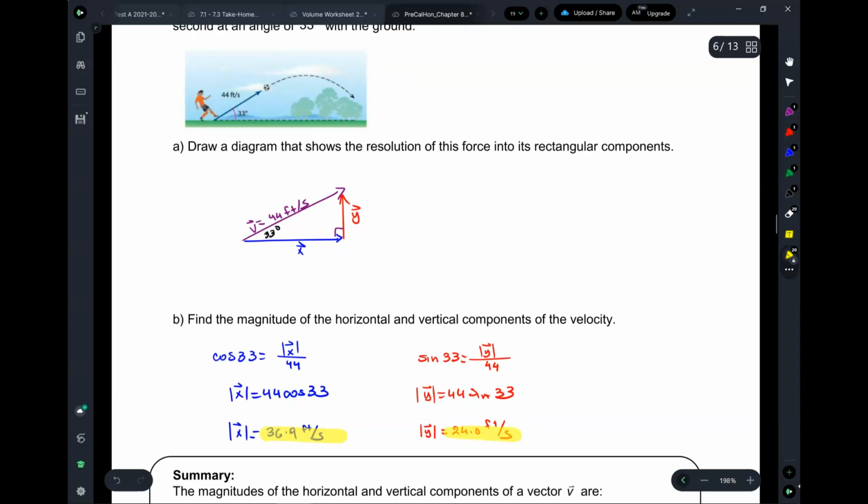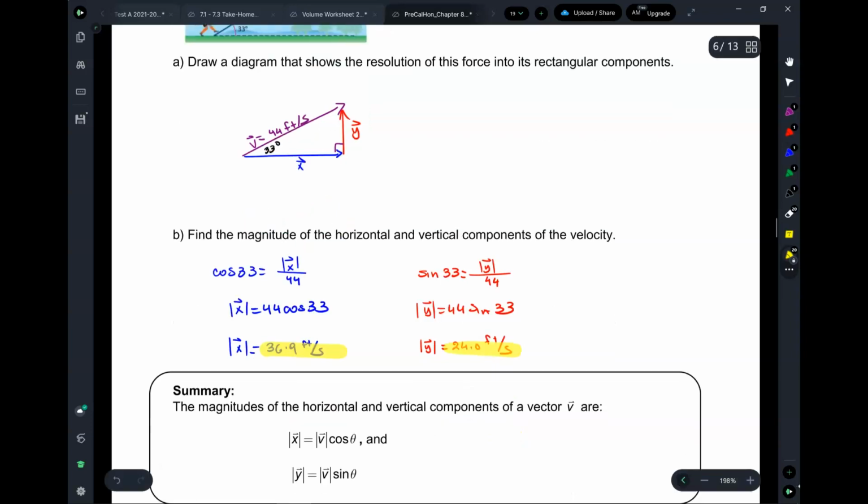Because it's got a larger horizontal velocity, this is going to go farther horizontally than it will go up. Sometimes when there's a goal attempt, the goalie on the other side will kick the ball all the way to the other side, and they kick it really high, and it goes way up high. So you see the different angle at which the ball is kicked will make a difference.